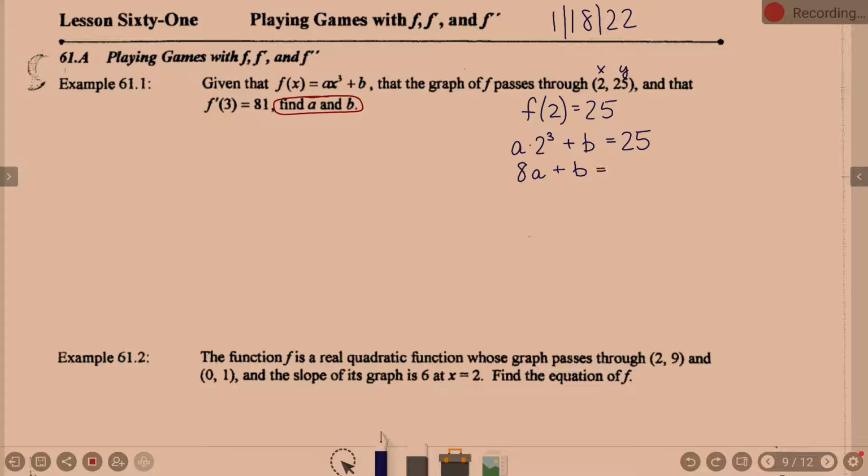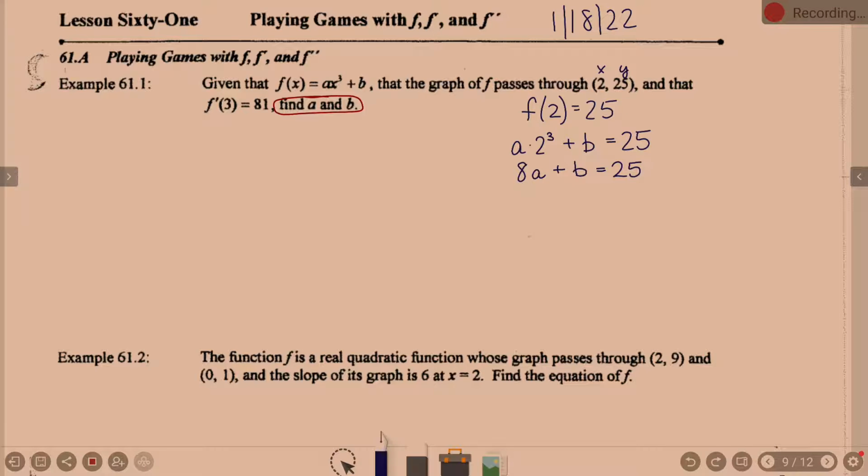So 8a plus b is equal to 25. Is that alone going to help me find a and b? No, but it gives me an equation to work with, right? We know that 8a plus b is equal to 25.